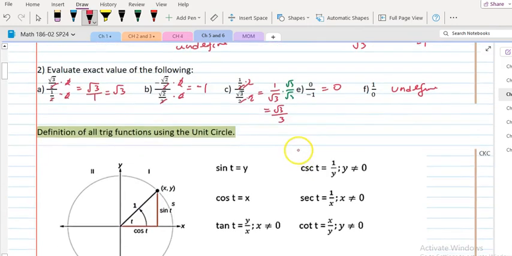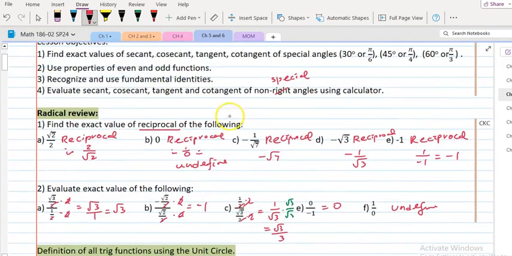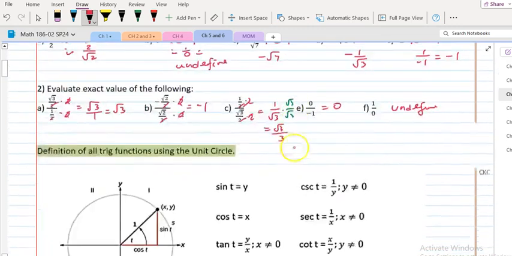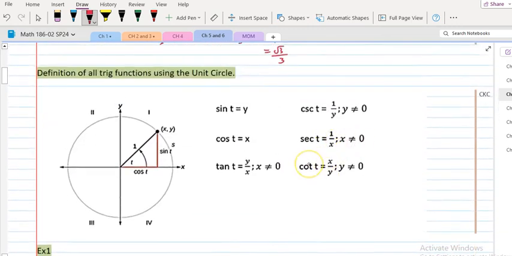Okay, now we're ready to do the four extra trig functions other than sine and cosine and how they are defined. So I include the sine and cosine definition that we have from last time. If I have a unit circle and the angle t turns to a terminal side, this terminal side is a line.